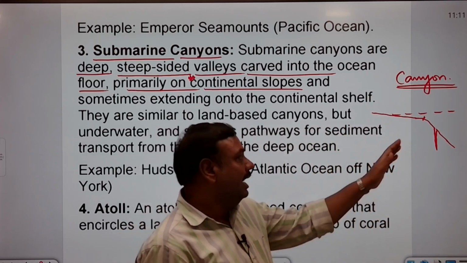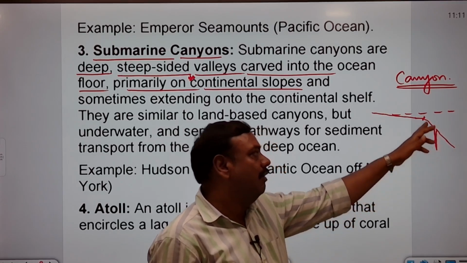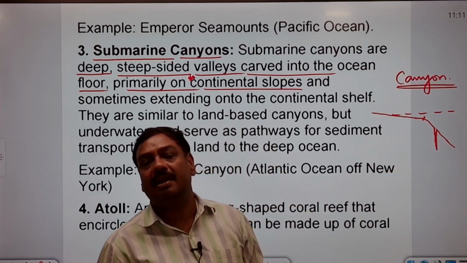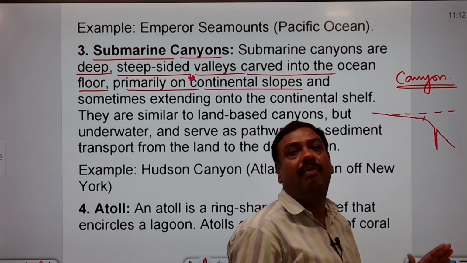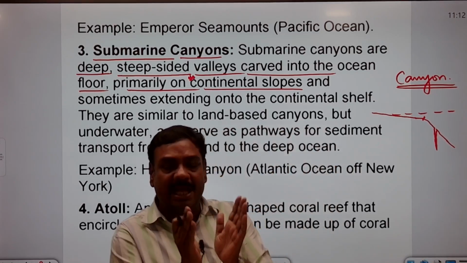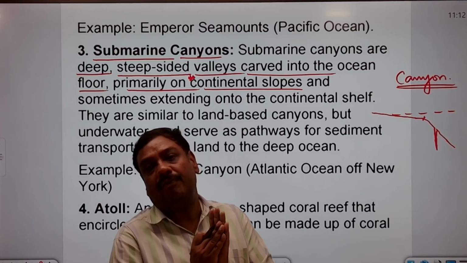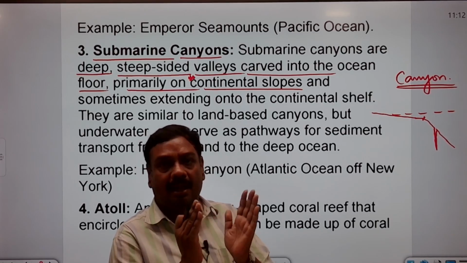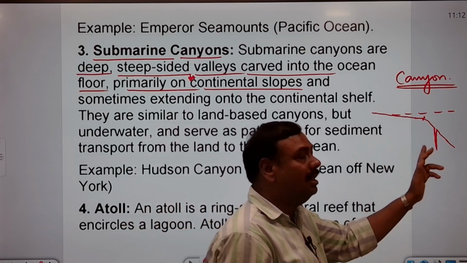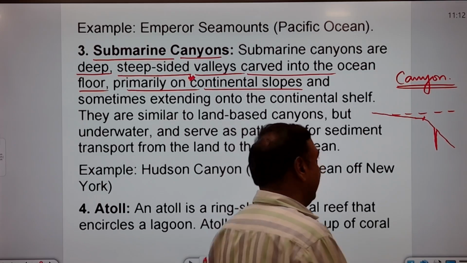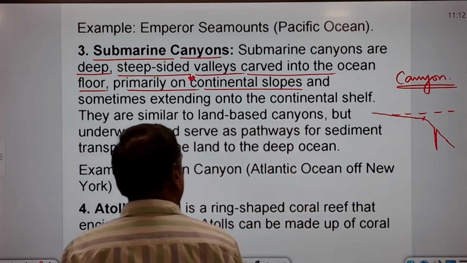And so the formation of a submarine canyon has taken place, right? Because due to the slip of one of the rock blocks, a gap has been formed. This gap has been formed in the form of a rift, which has steep side slopes, right? So in this way the canyons are formed in the part of the continental slope.